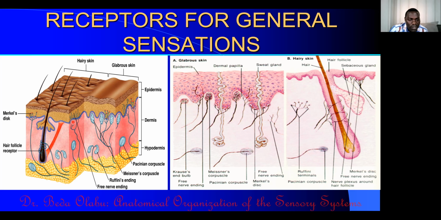Free nerve endings are receptors for general sensation. Ruffini terminals are receptors for general sensation, and Meissner's corpuscles are also receptors of general sensation. The Krause end bulb is a receptor for general sensation.